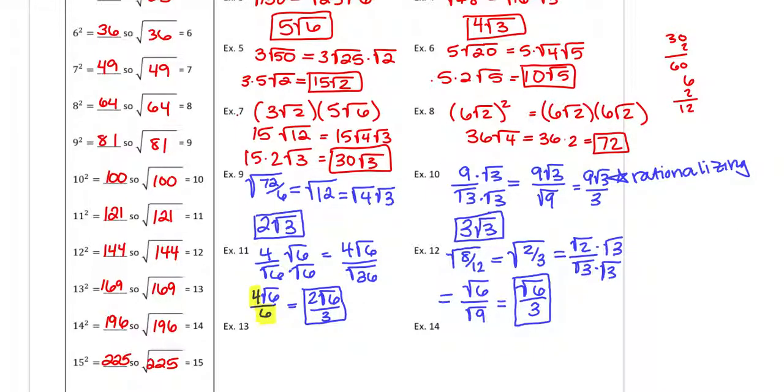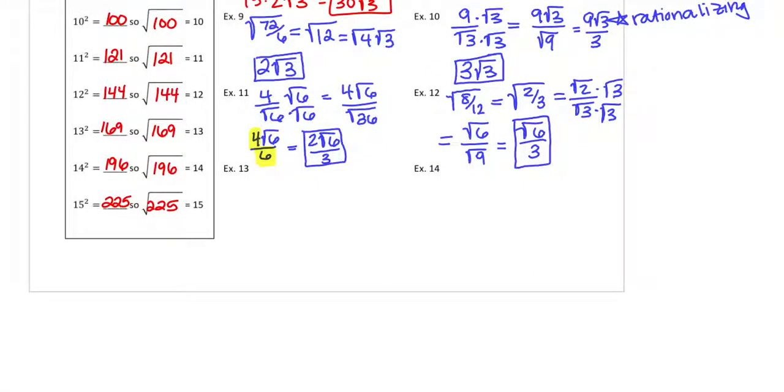All right, 2 more. All right, examples 13 and 14. 13, the square root of 3/10. Okay, this problem I can't simplify right now. 3 over 10 doesn't reduce. So I just have to do exactly what I did on example 12 by just splitting it into 2 little radical problems.